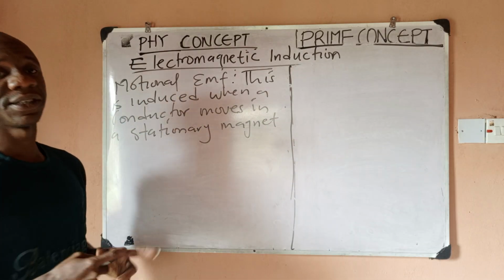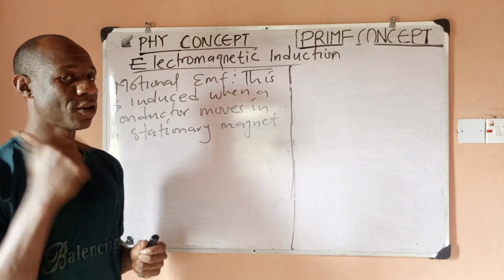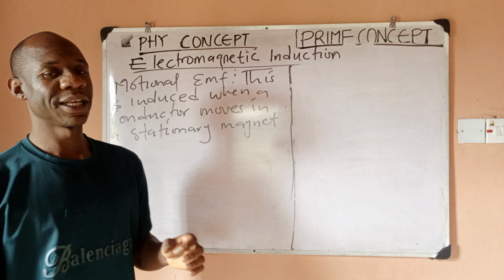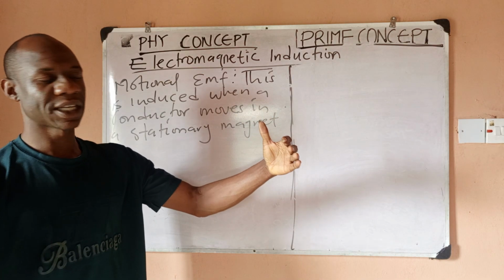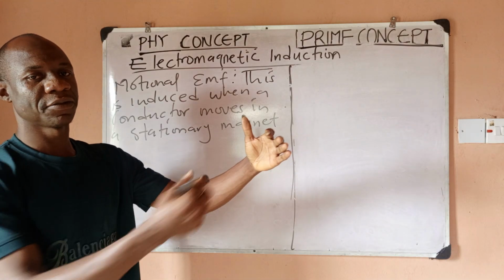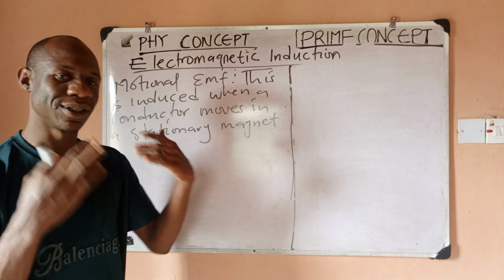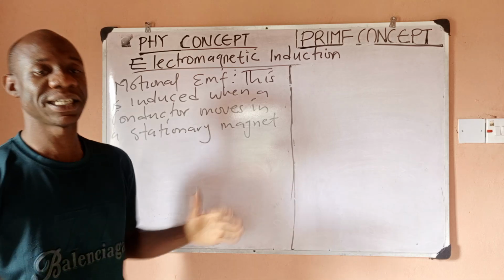Now, when we say stationary magnet, of course, you know that flux would change, right? Because if a conductor moves across a stationary magnet, as the conductor cuts the magnetic field, the flux would be changing. So it's still the same idea of electromagnetic induction.